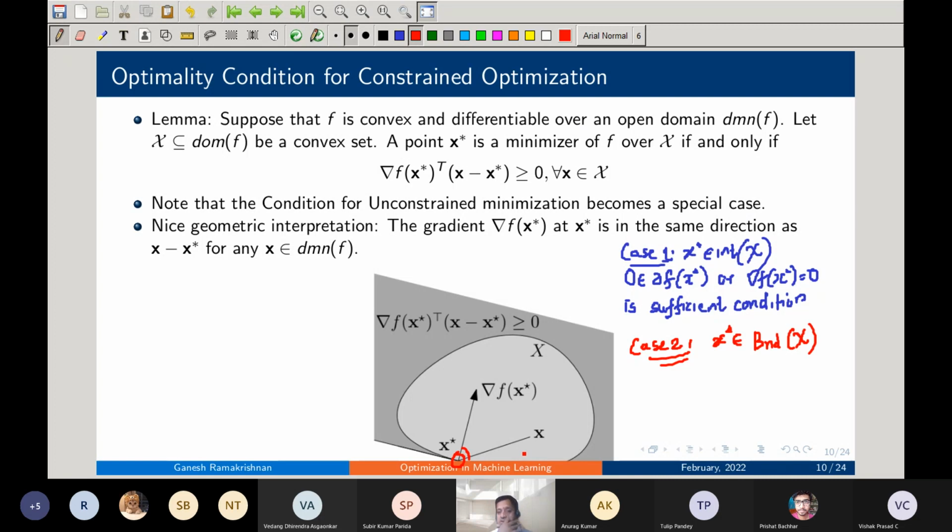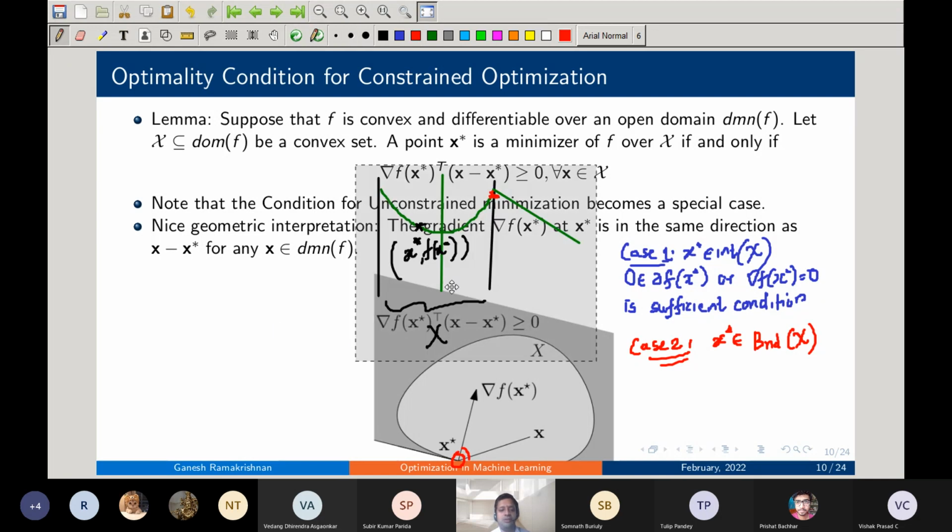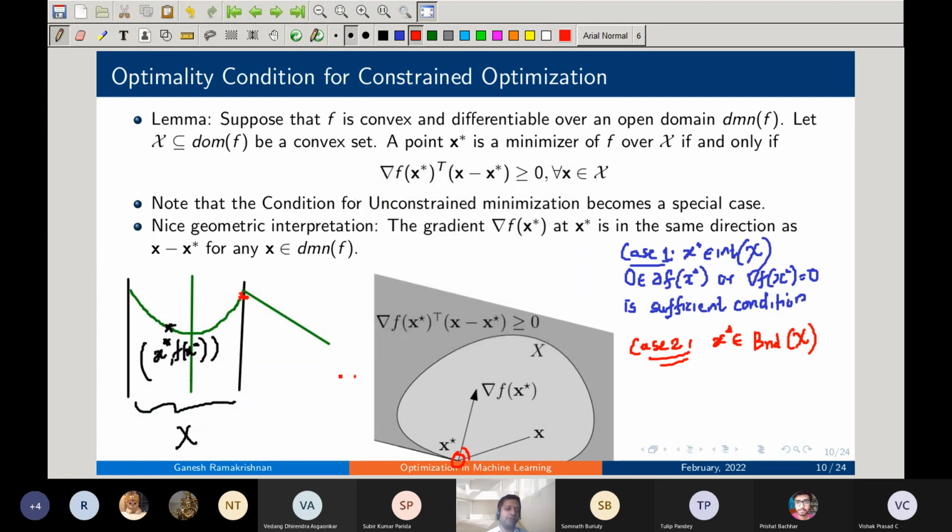This is of course showing the view in the x space, but you can also have a similar view in the function space. So this is the original input space, but here's a function space view. Let's take this red example right here.